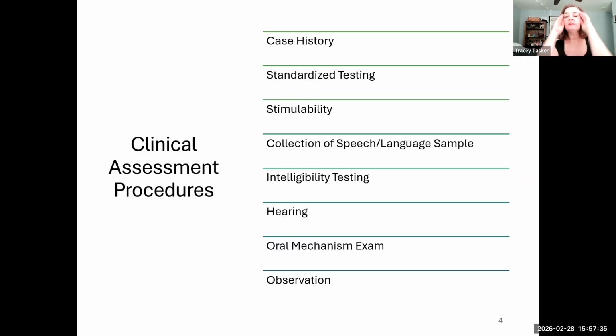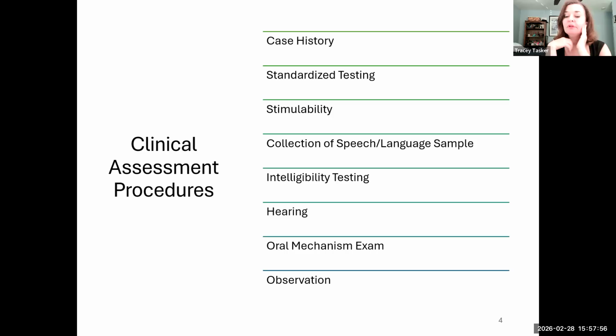So this is a list of some of the activities involved in an assessment. Now, you may not be doing all of these. It really depends on the setting that you're in, and on whether some of these tests have already been done.